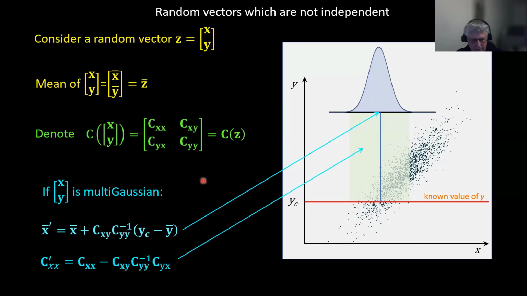And here's another magical formula. If I've just acquired knowledge of yc, because of what we said before, I've acquired knowledge of x expressed as a conditional probability distribution with less variability than its marginal. Here is the covariance matrix that characterizes this conditional probability distribution.